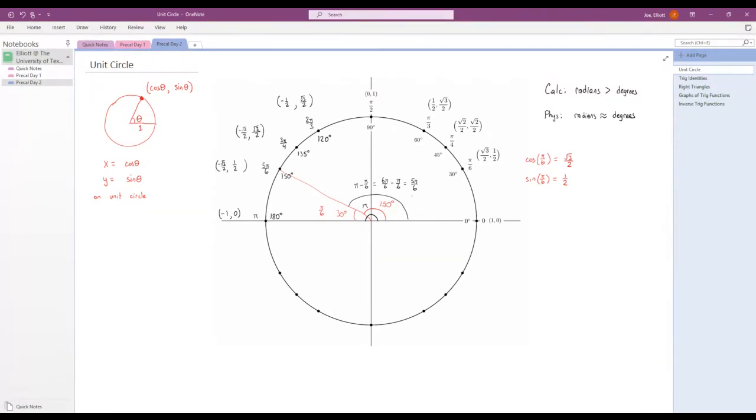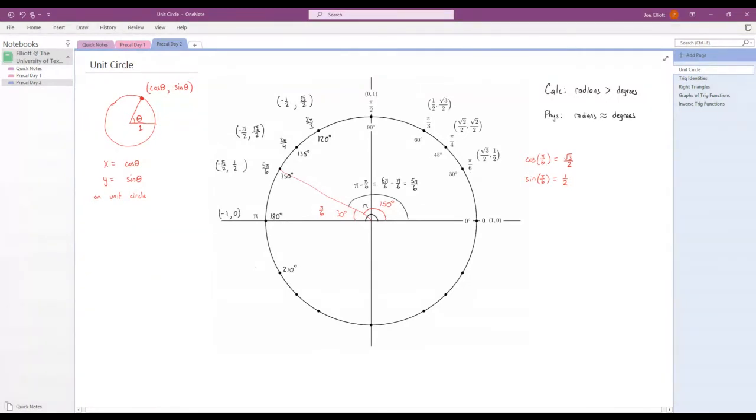All right, so then if we continue, this angle here is 30 degrees from 180, so it's going to be 210 degrees now. Or instead of adding 30 degrees to 180, you can add pi over 6 radians to pi.